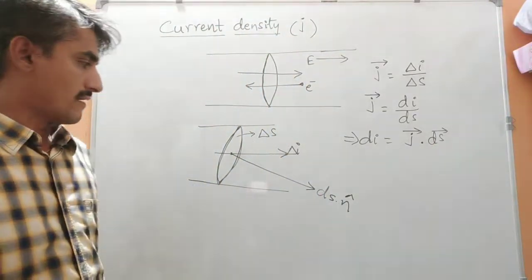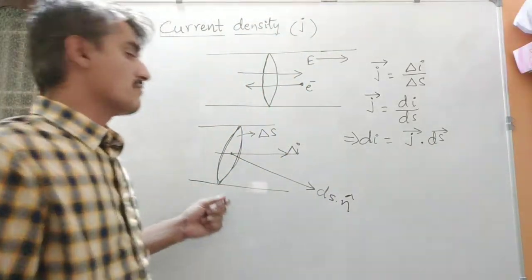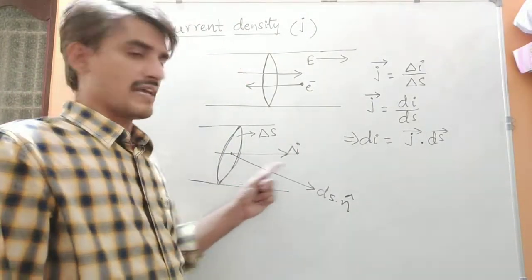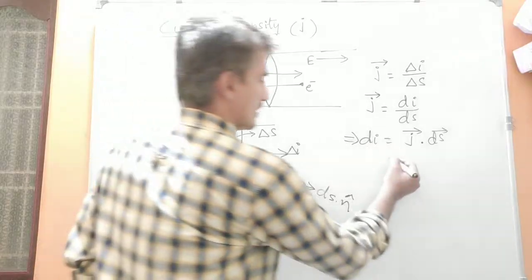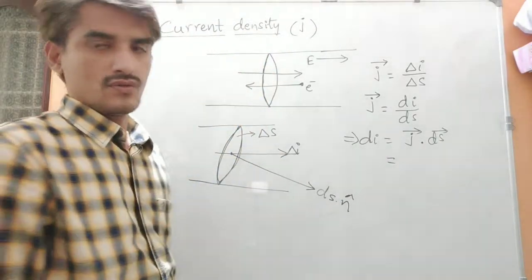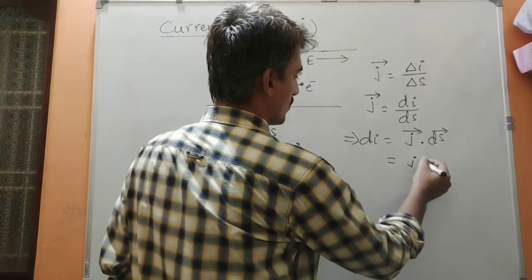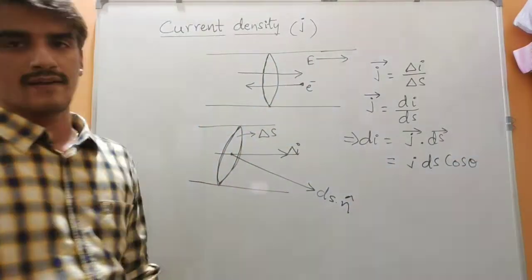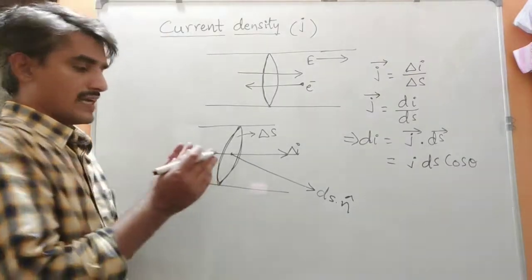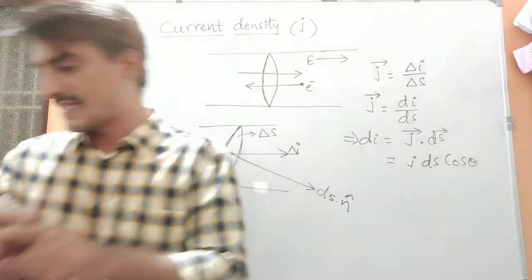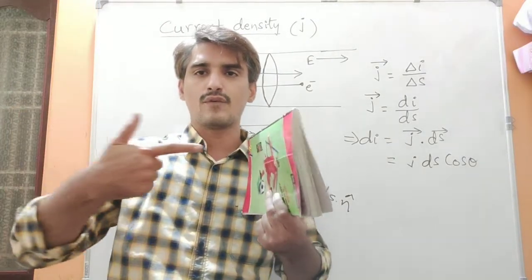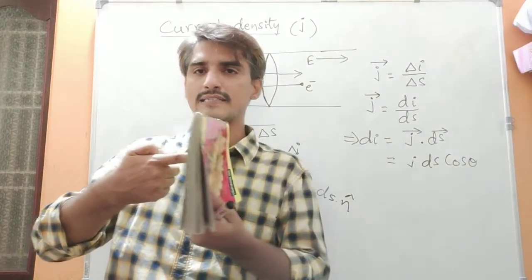Here we take the dot product of these two, because we are calculating how much current is flowing along the direction of this area. So finally we write it as J dS cos theta. Suppose the current is flowing through this area exactly perpendicular.